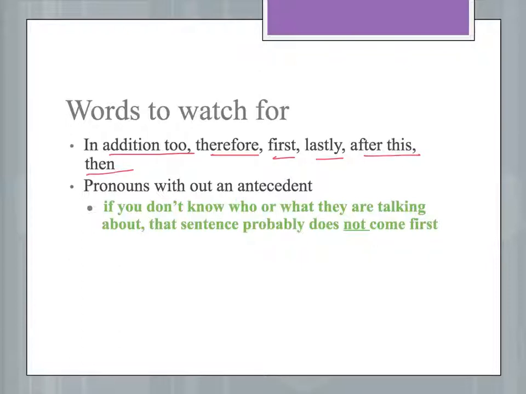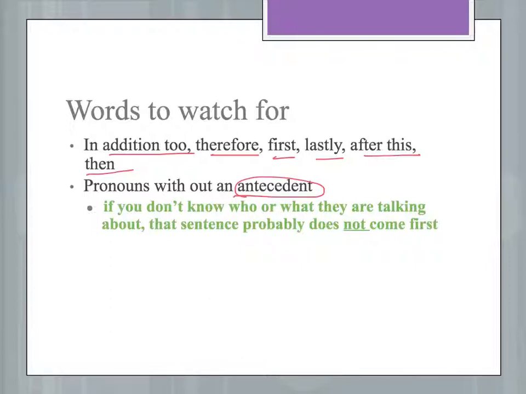But any chronological words give away the order of the sentences. If there are any pronouns without antecedents as well, remember a pronoun is a word that replaces a noun, and the antecedent is that noun.